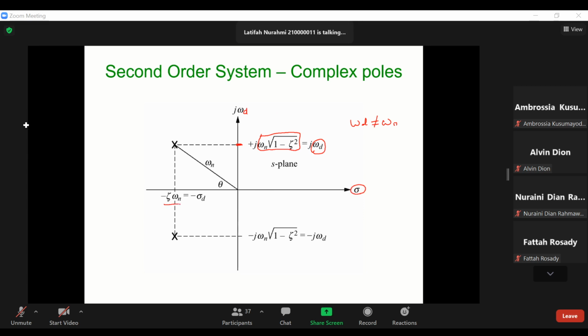Minus zeta times omega n. Minus because this value is in the left half plane, LHP. In the left half plane it is minus. So it is actually simply zeta times omega n.